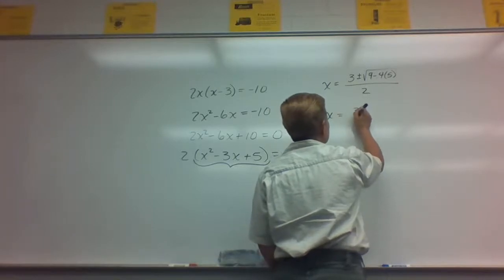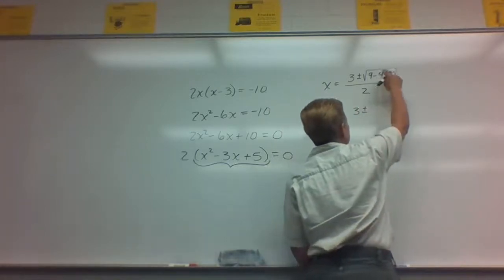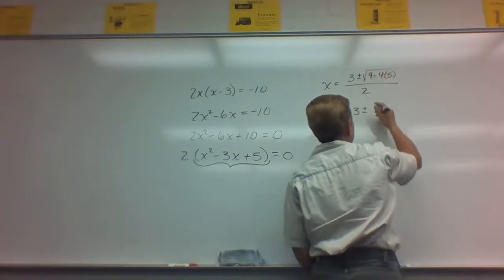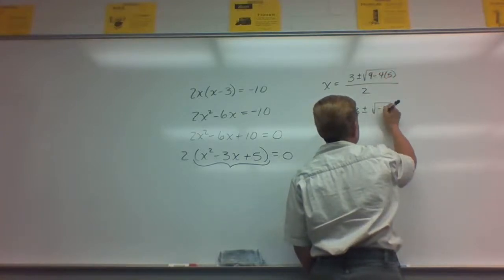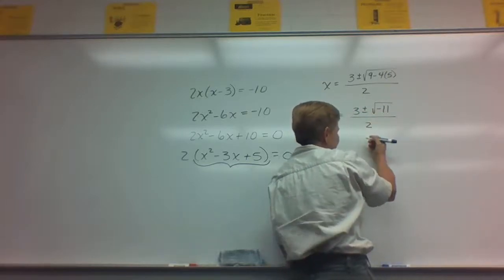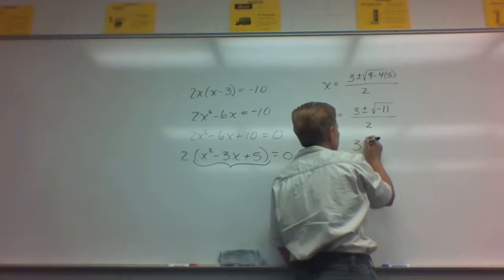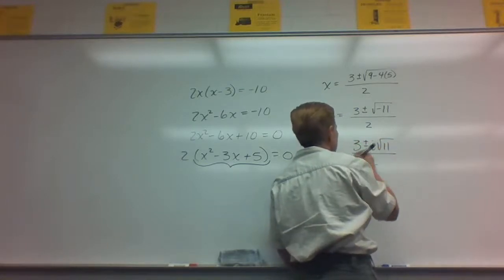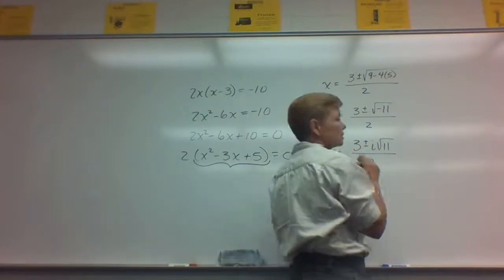Imaginary. It's going to be 3 plus or minus. This has to be done first. This is negative 20. Combined with a 9 is negative 11. Gross. And 11 is a prime number. That's a happy thing because I don't have to simplify anything. So it's going to be 3 plus or minus i root 11 over 2. And 2 doesn't go into those, so we are finished.